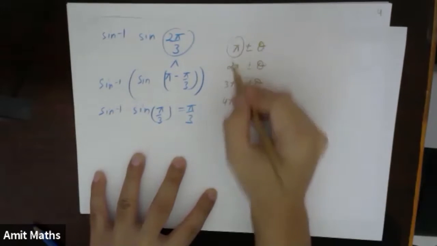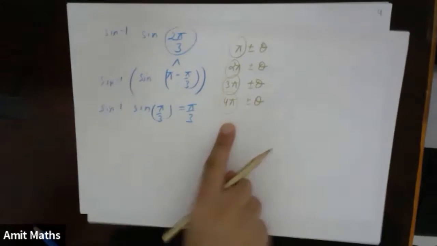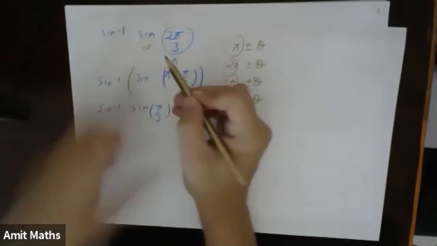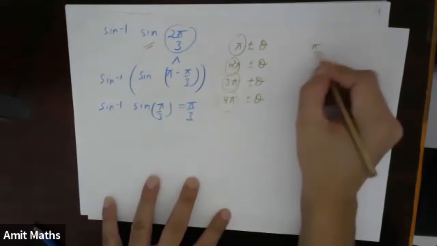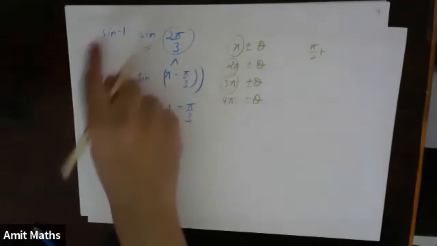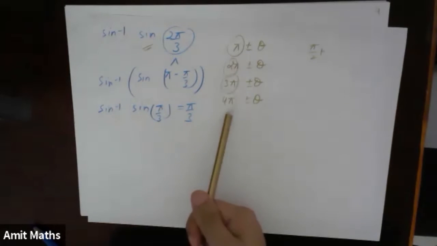And why am I keeping it in pi form? Because I do not want to change this sign into cos. If I write pi by 2 plus something, it will convert into cos. And sine inverse of cos we do not know. We have not studied it yet.